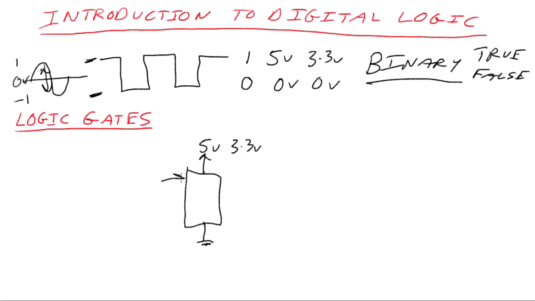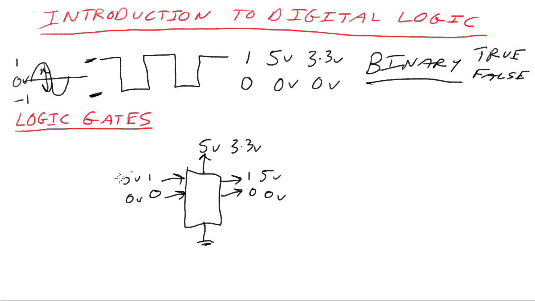And you'll have various inputs to the chip, and you'll have various outputs from the chip. And these are all going to be either 1 or 0, i.e. in the case of a 5 volt rail chip, you'd have 5 volts here and you'd have 0 volts here, and it's expecting 5 volts on the input and 0 volts on the input here with those margins that we talked about before.